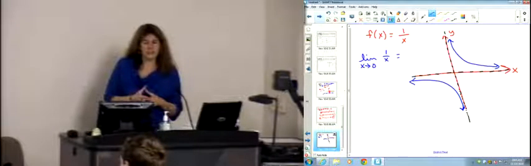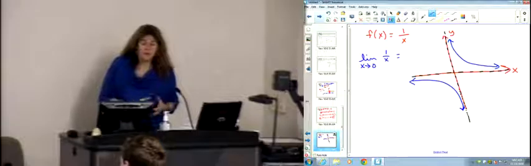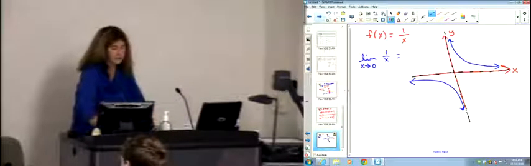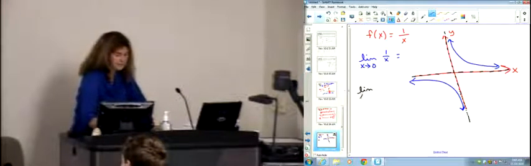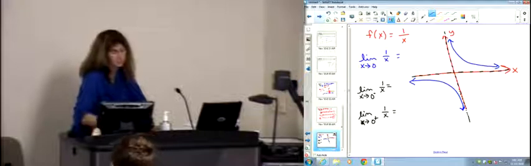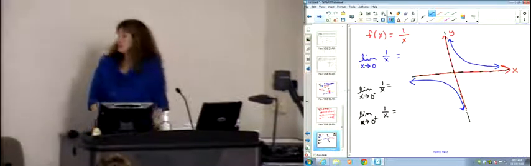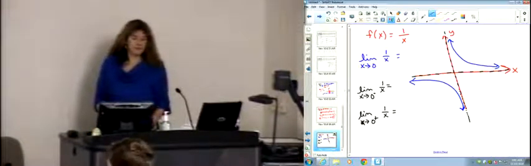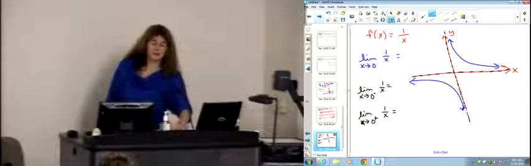So just to kind of look at the graph itself. Now, what about as x approaches 0? Let's go back to our one-sided limits here. Limit as x approaches 0 from the left of this function, and the limit as x approaches 0 from the right. What are they? What would you say the limit is as x approaches 0 from the left?